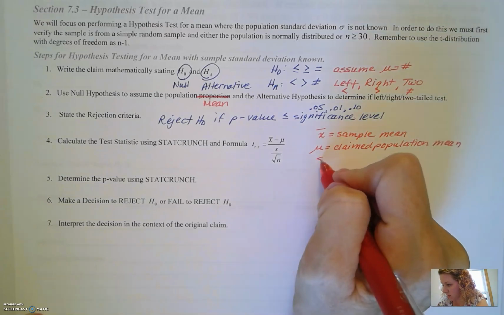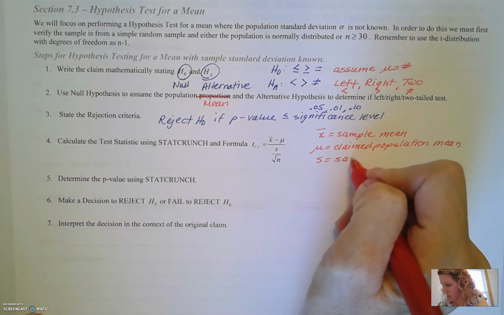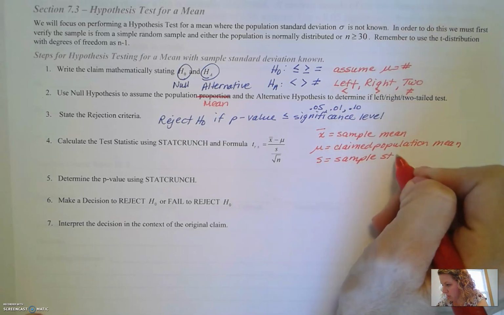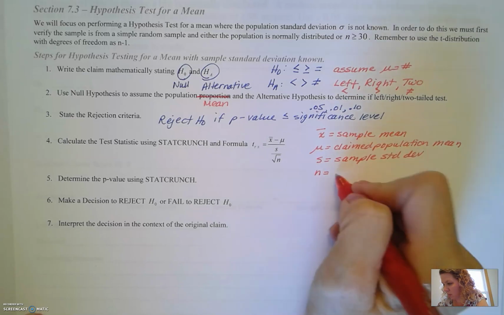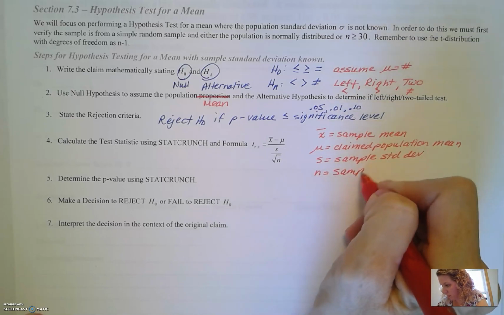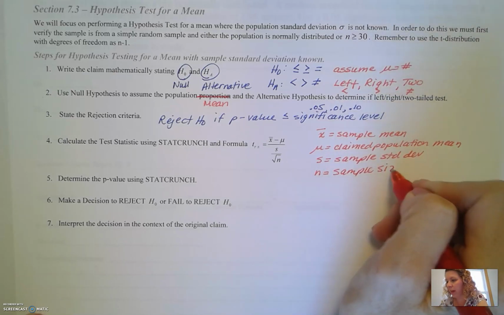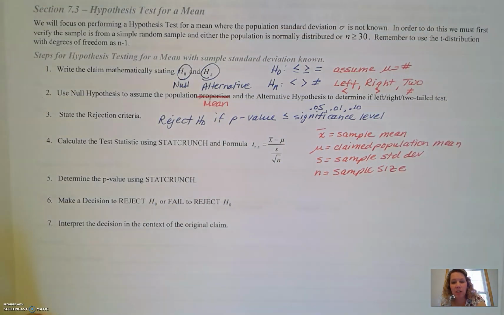S is the sample standard deviation. And N then is the sample size. So the formula is X bar minus mu divided by S divided by square root of N.